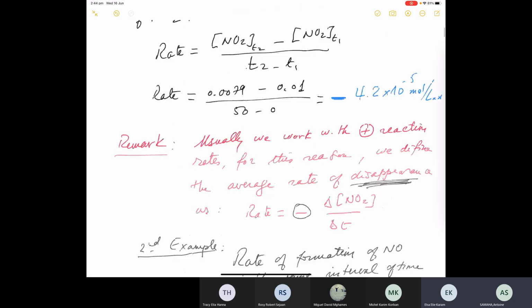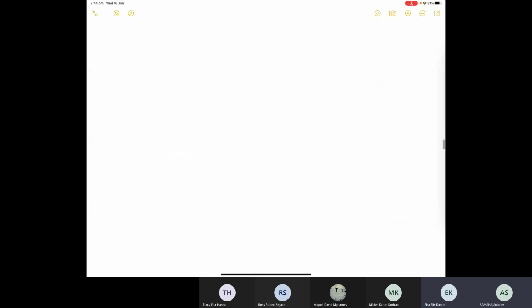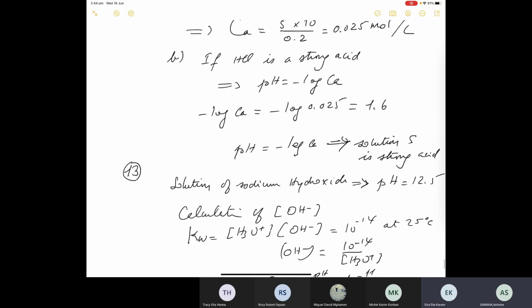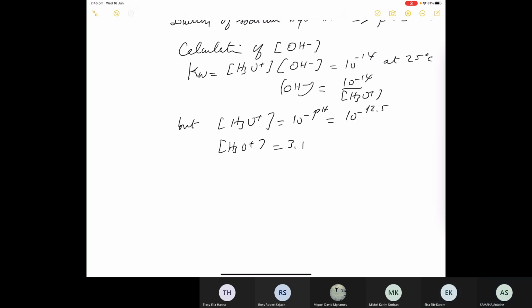Why am I stuck on 11.2 today? It's 12.5, not 11.2. So it becomes 3.16 times 10 negative 13 mole per liter.